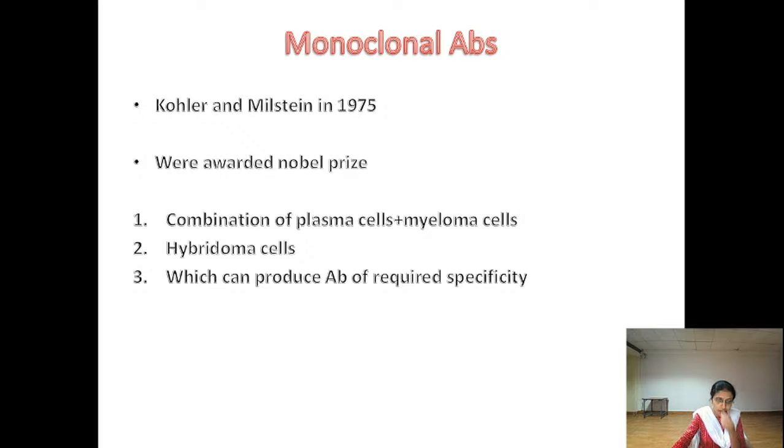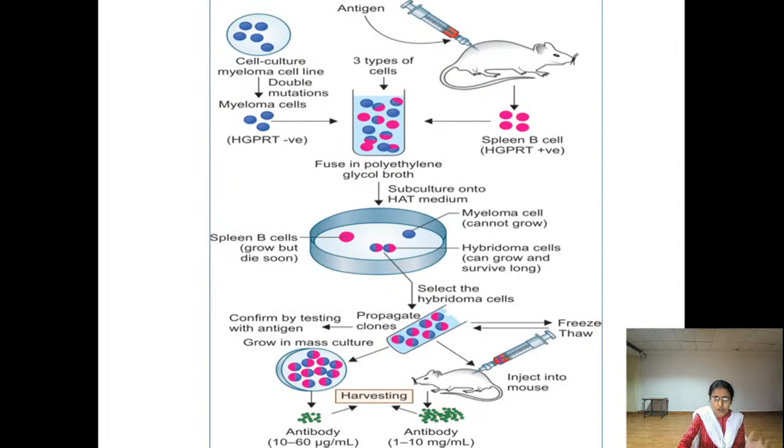The monoclonal antibody technique is based on the combination of plasma cells and myeloma cells, which results in hybrid cells that can produce antibody of required specificity. So very briefly we will see this technique. The mouse is first injected with an antigen which contains the desired epitope.